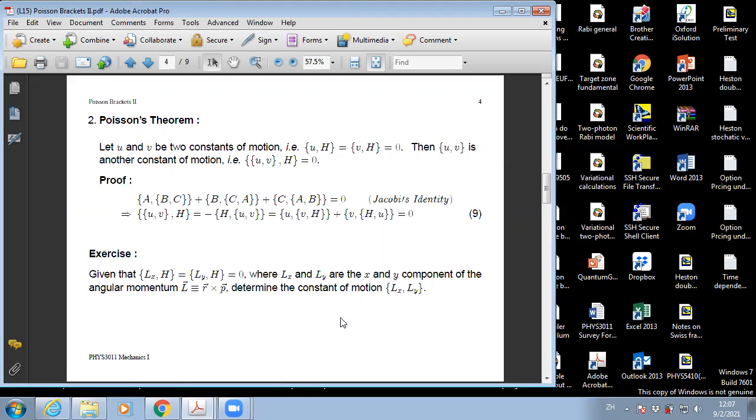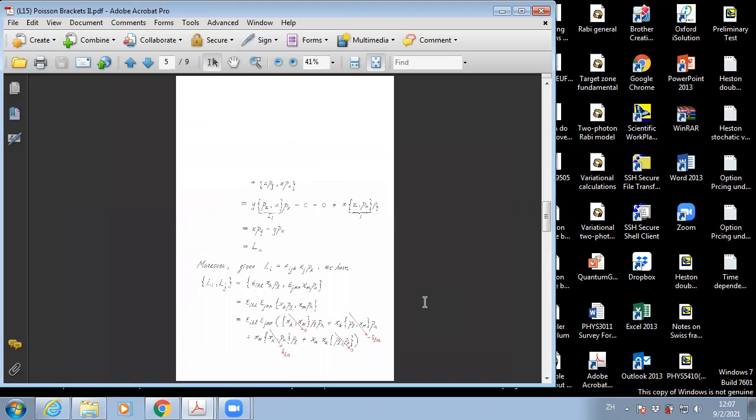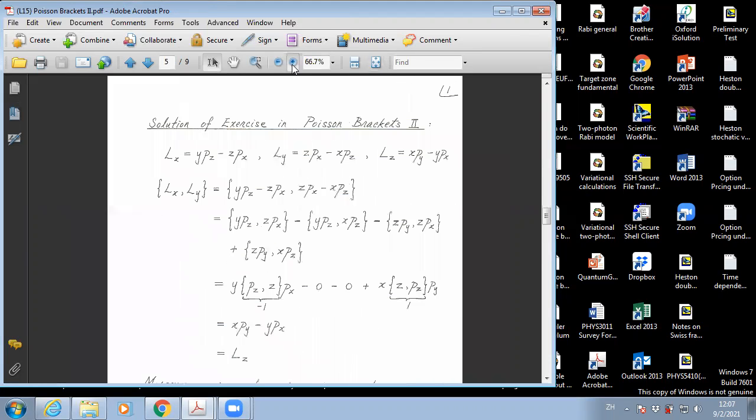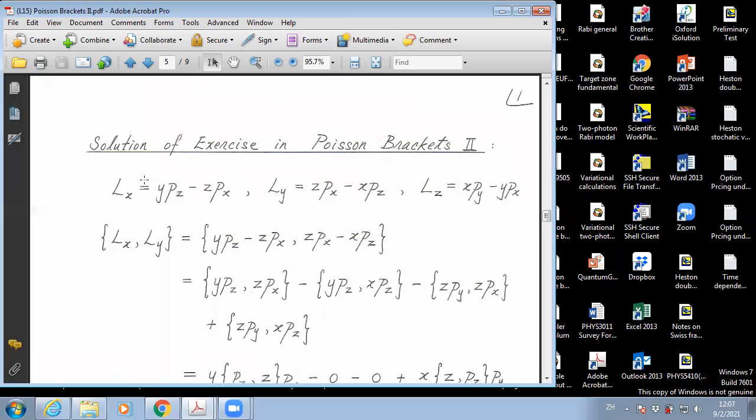It also asks you to determine the Poisson bracket between Lx and Ly. Now I show you how to do it here without going through the differentiation. First of all, Lx is equal to y pz minus z py. Ly gives you z px minus x pz. And Lz is equal to x py minus y px.